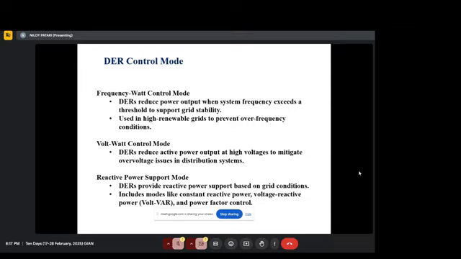So we can inject active power in such a way that it mimics a frequency-related curve. That way we can stabilize the grid.